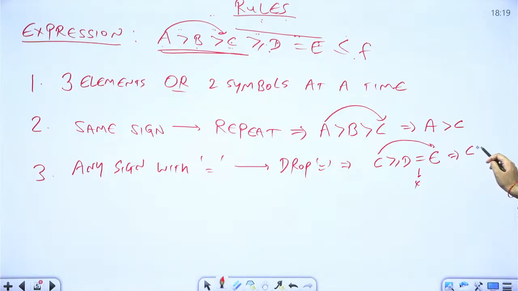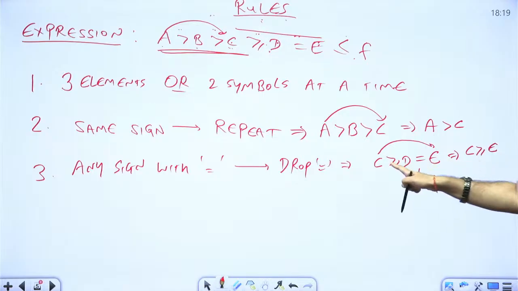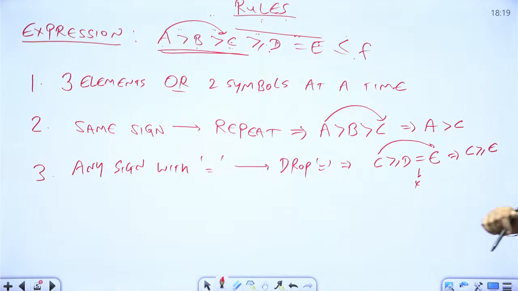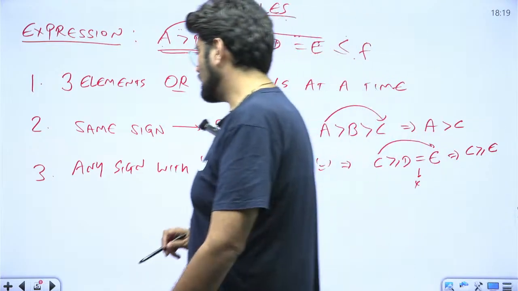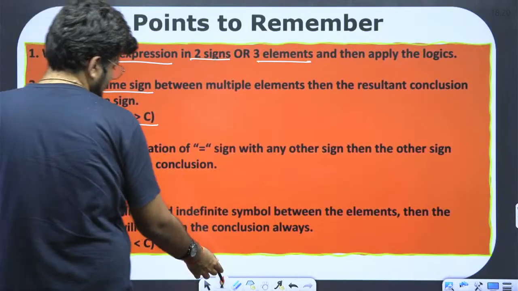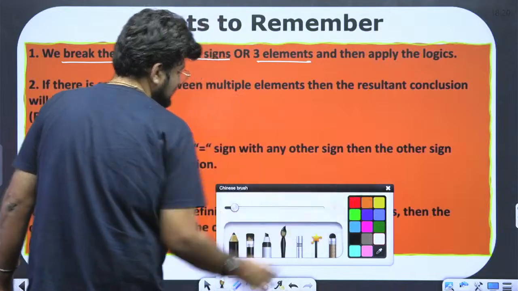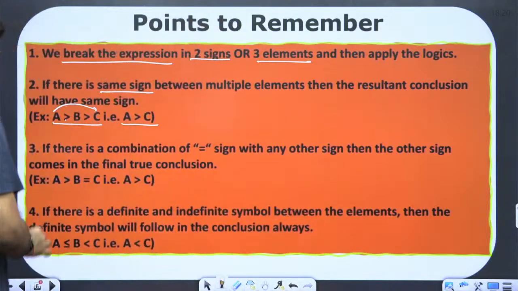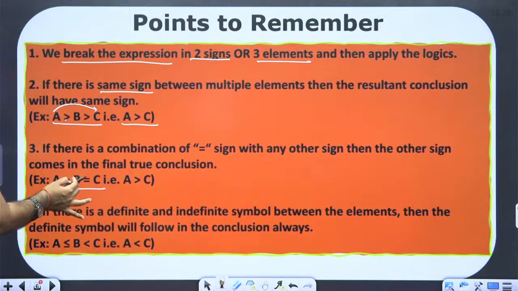I will say C is greater than equal to E. Whatever is left will be carried forward. If I am dropping the equal to, whatever is left I will be carrying forward. So C is greater than equal to. Understood? That is what this rule says here. That if I have three elements here with an equal to sign, I will always drop the equal to and carry forward this sign. So A is greater than.